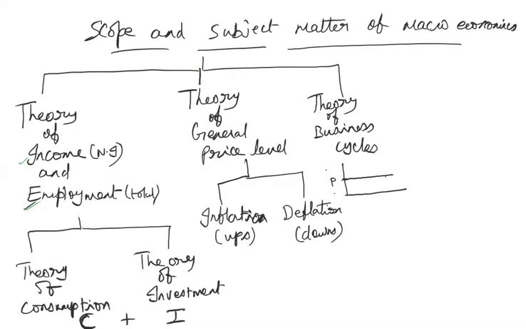It keeps on fluctuating. Now if the prices go up, automatically the business will also increase. And this point is inflation. Once it reaches the peak point, the price starts decreasing. Along with it, the business starts decreasing.